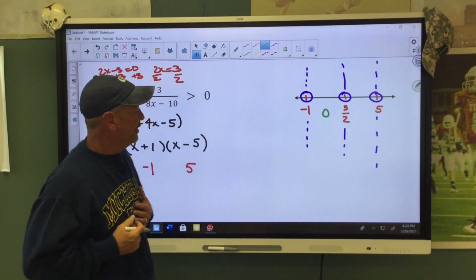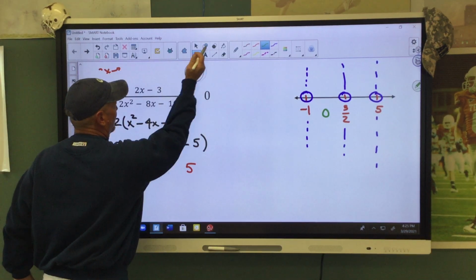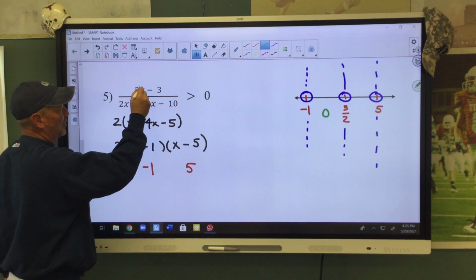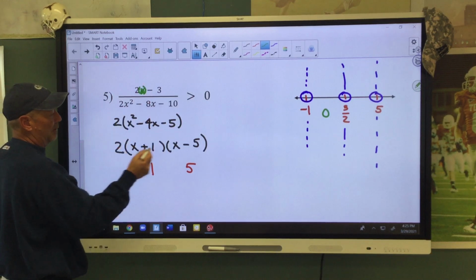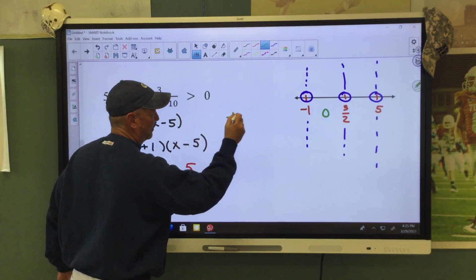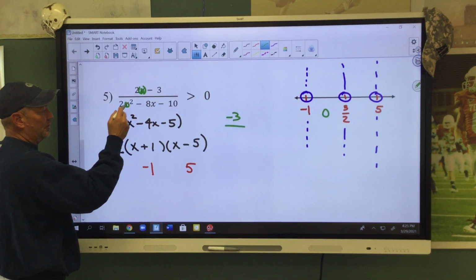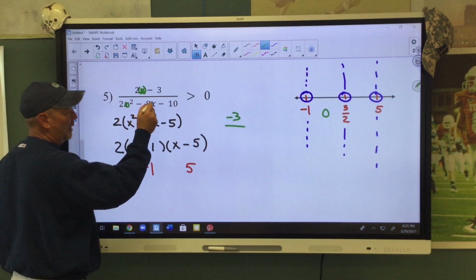I think it's easier to substitute into the original problem. Let me erase this right now. If I put a 0 here, if I substitute it in, 2 times 0 is 0. That's going to leave me with a negative 3. If I substitute a 0 here, 0 squared is 0, times 2 is still 0.